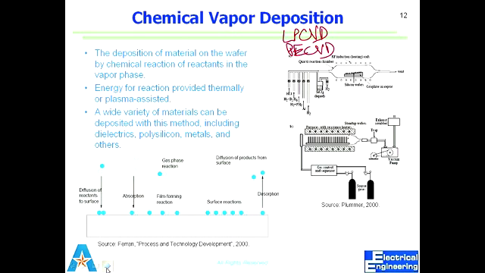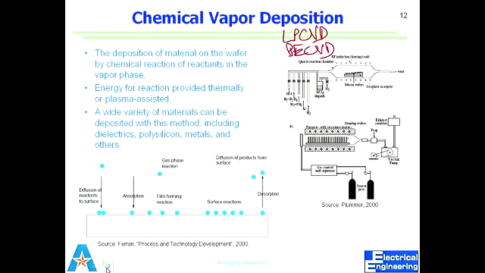What happens during the deposition process? We have reactions that may occur in gas phase, or may occur once it gets to the surface. And in either case, they start accumulating and result in the formation of a film. Right? So we have this chemical reaction that results in film formation.